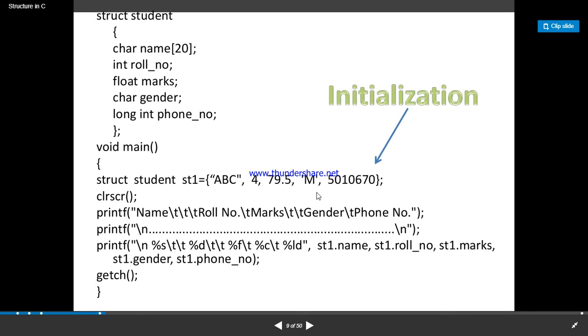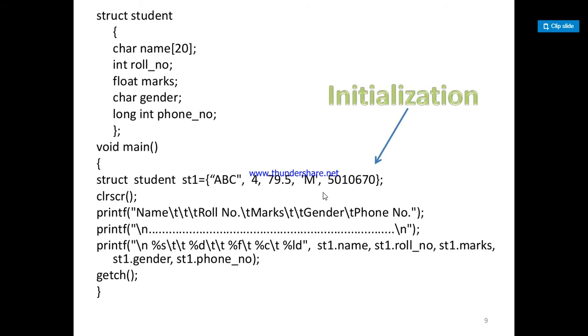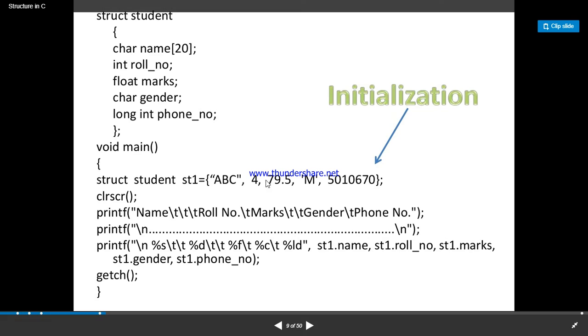Here we initialize the values to the structure like this. It is also the same as our array initialization. But in array initialization we won't give the variable name, whereas in structure initialization we have to give the variable name.